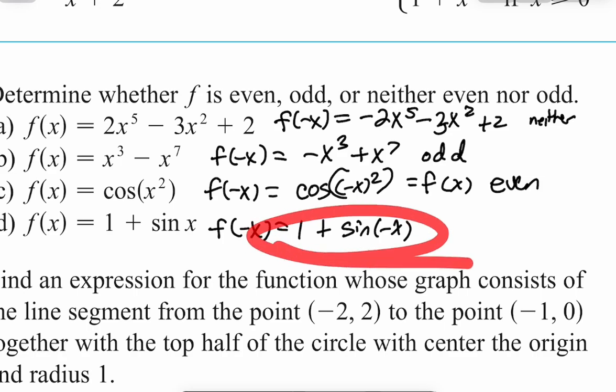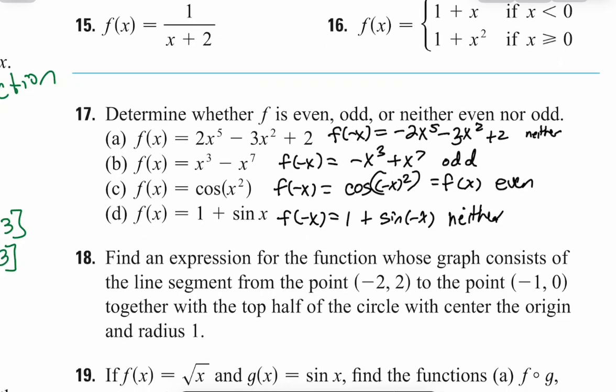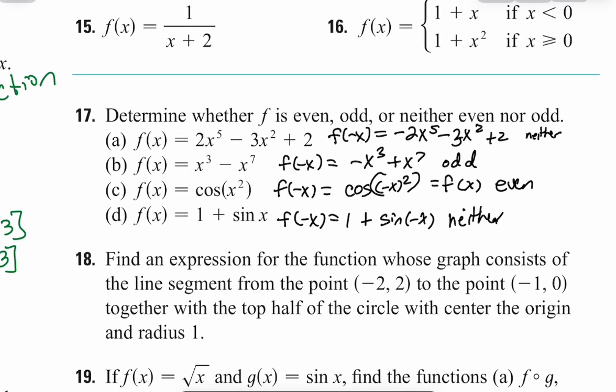Same thing kind of happened here. An odd function has to go through the origin. This goes through 1. And so this is neither as well. So kind of a weird one. But I will ask you about that. I'm not super concerned about the trig functions. Make sure you know how to do it for a polynomial. Something simple.